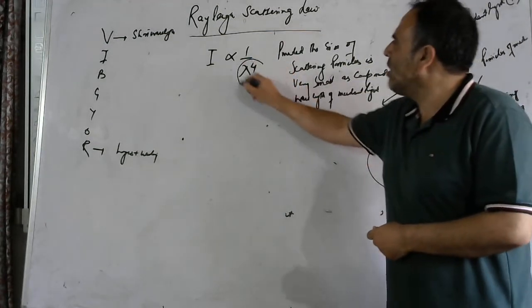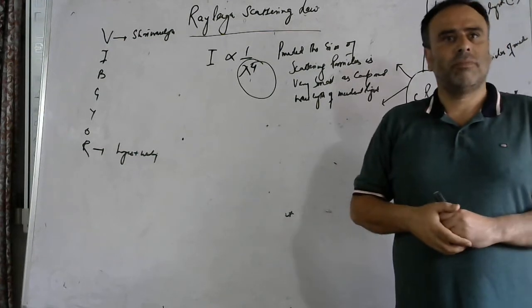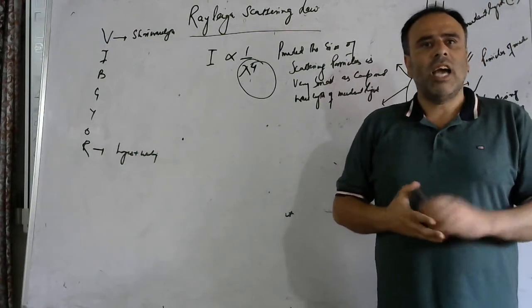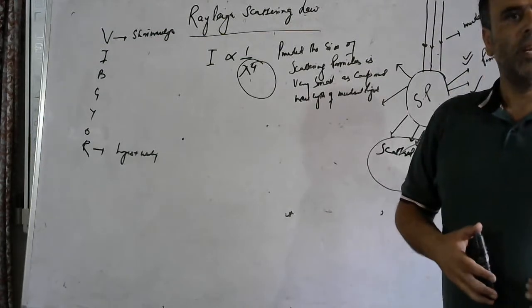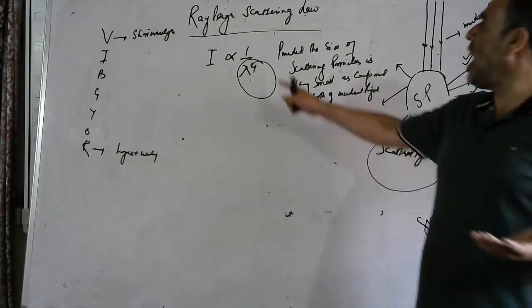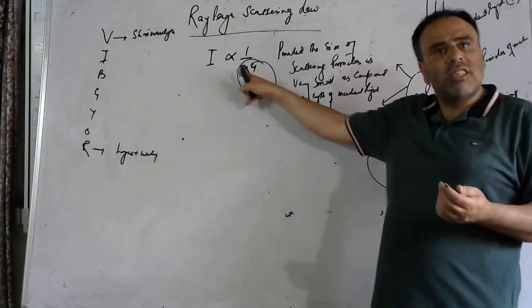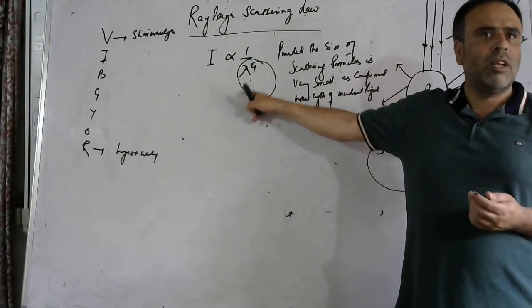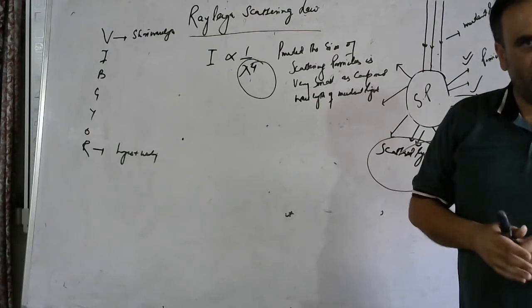Smaller the wavelength, larger will be the scattering intensity. It means a light having smaller wavelength will get more scattered than a light having larger wavelength. A light having larger wavelength will have lesser scattering intensity because there is an inverse relation. Lesser scattering intensity means the light gets least scattered.